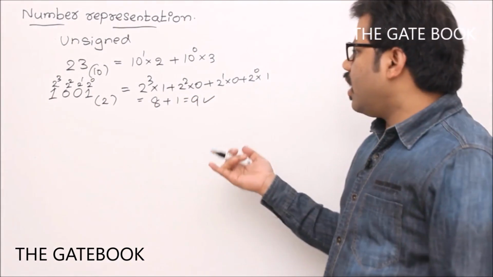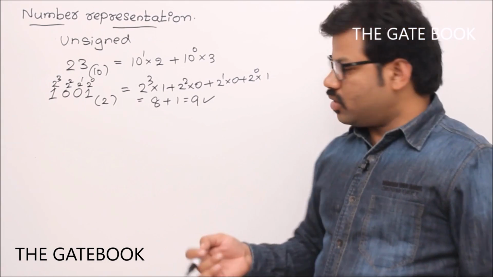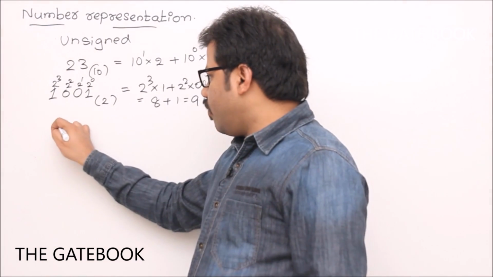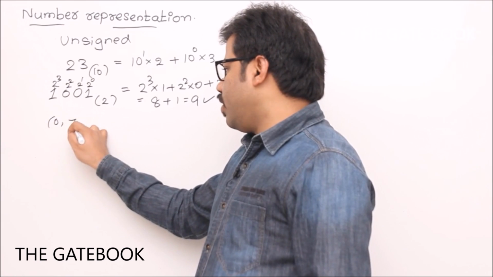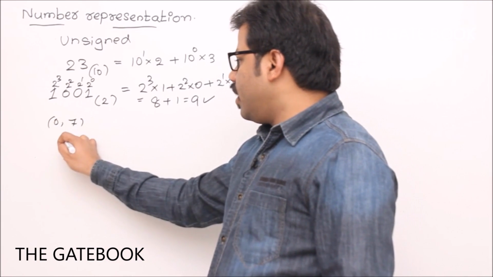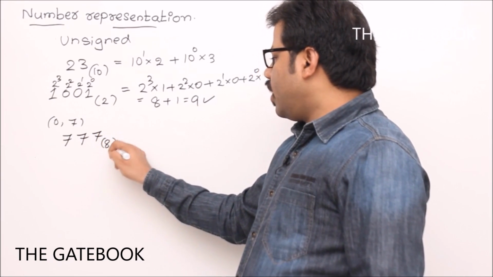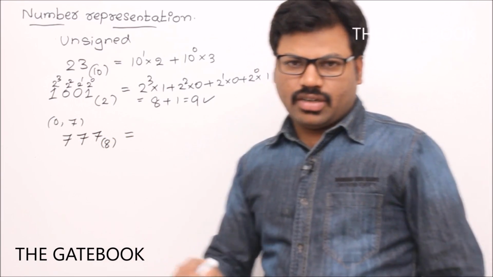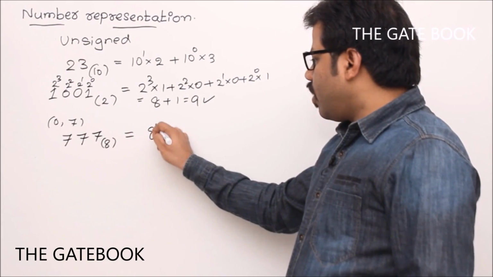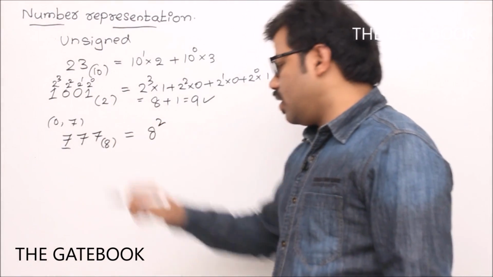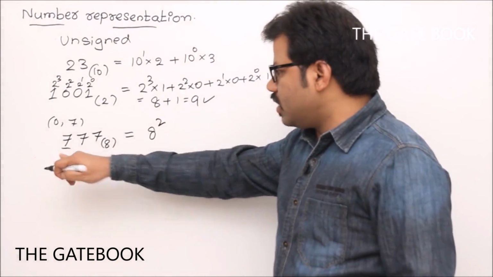Similarly, we can represent numbers in octal also. In octal we have digits 0 to 7. Example, if you have 777 in octal, what does it mean? How to convert it into decimal? Same idea. 8 to the power of 2, this position represents 8 square.